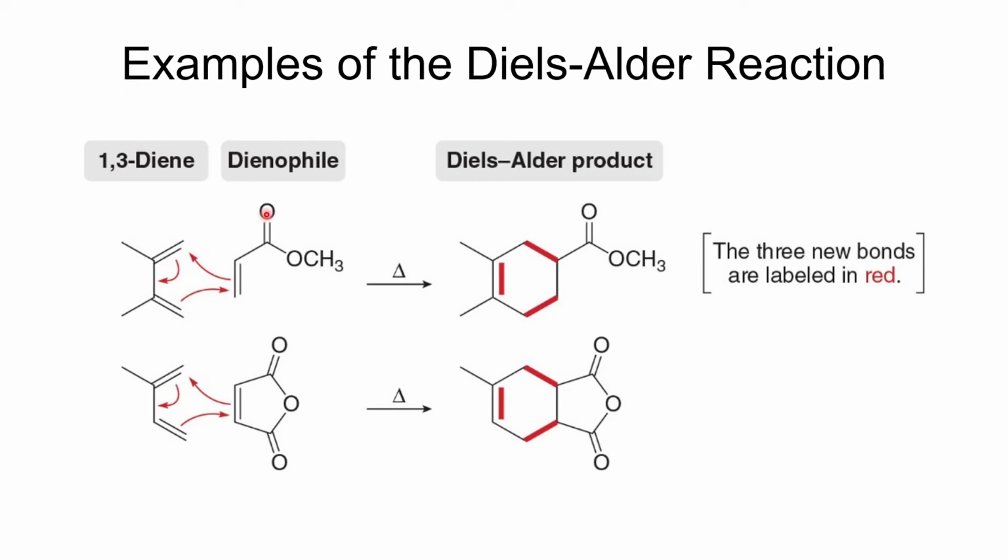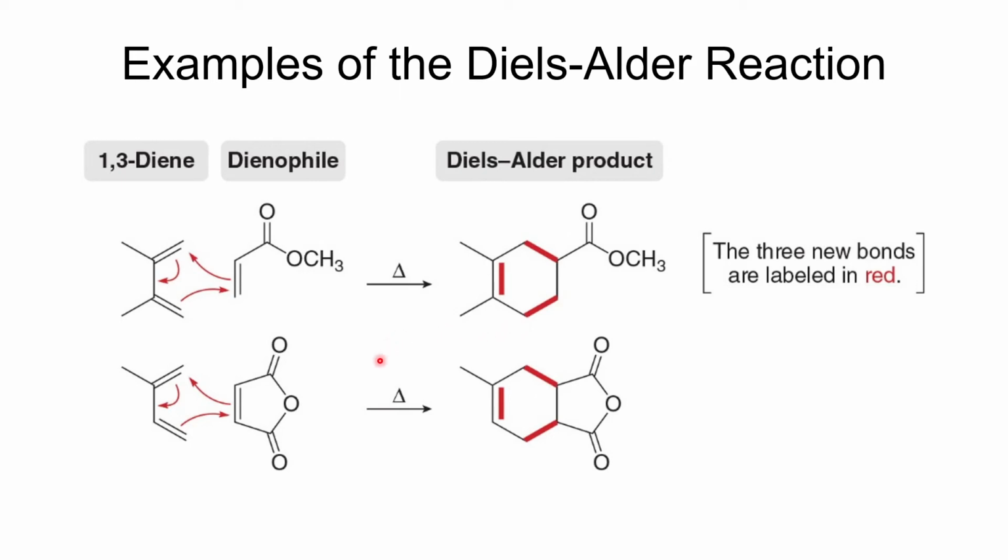You can do nitrile. There are a couple of other examples, but it usually is something that has a pi bond and something that is electron withdrawing, because that oxygen is so electronegative, it pulls electron density away from this carbon-carbon pi bond in the dienophile. I'll explain why that's useful a little bit later, but this is going to be our Diels-Alder product.